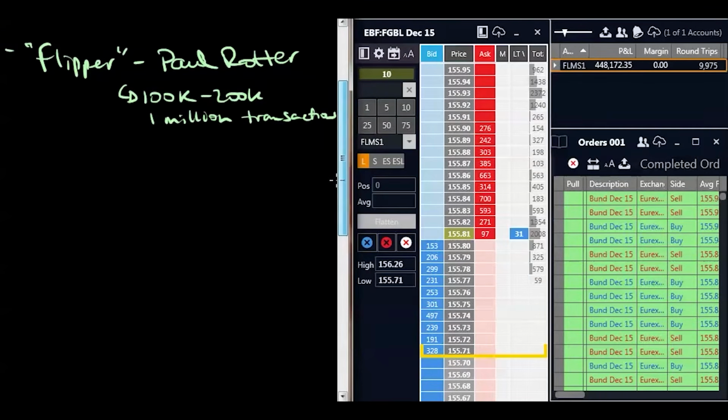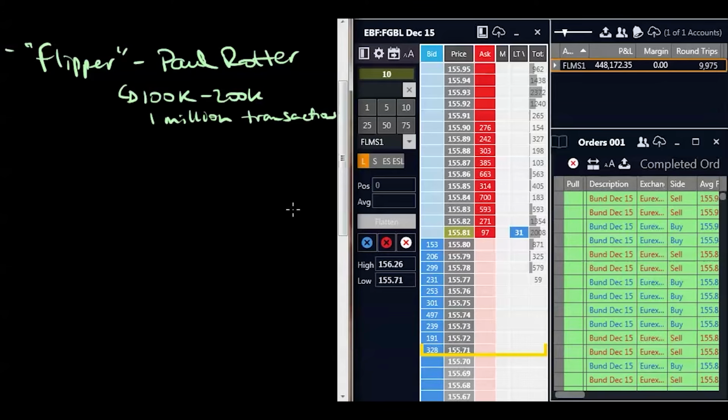That's an incredible amount of liquidity provided to the market, probably the biggest trader in the Bunds in those days. And you'd ask, how does this guy do 10 to 20%, or sometimes even 60 to 70% of the volume in the Bund without moving the market so much? Well, this is the case.